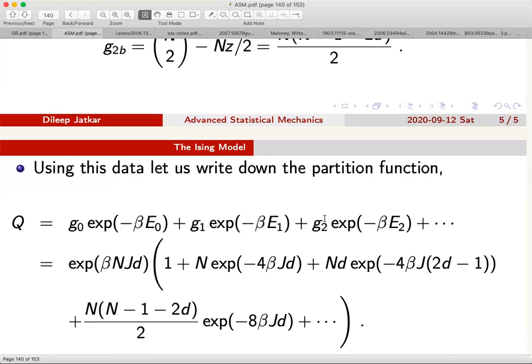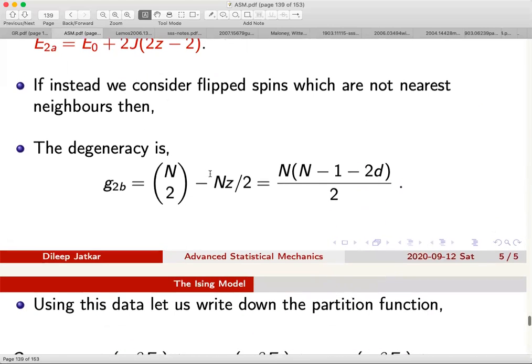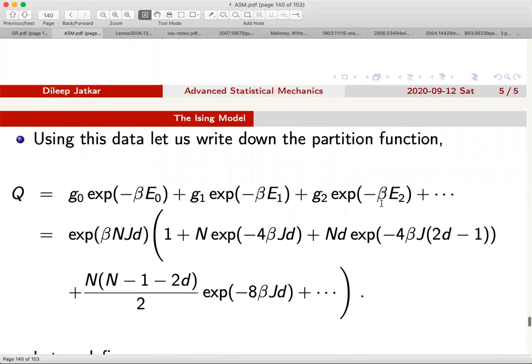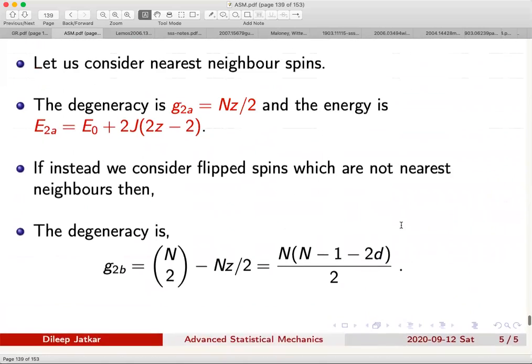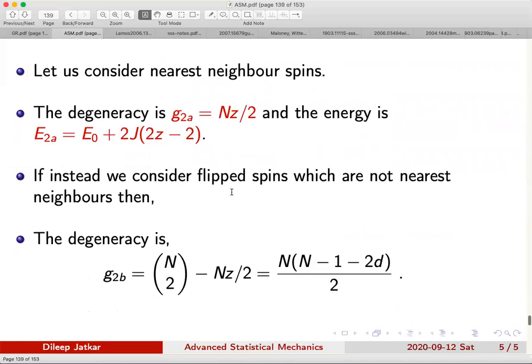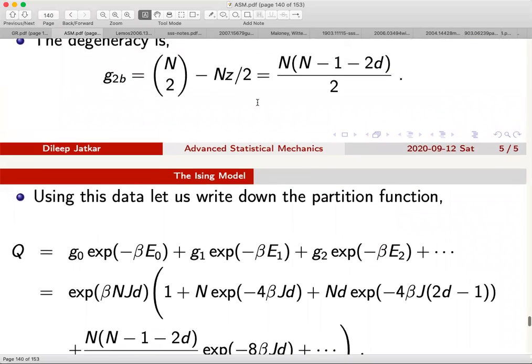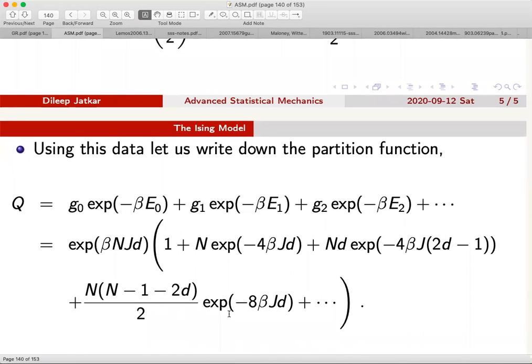Then G2 has two terms. One term is nz by 2, which is the same as nd, which is this factor, and for that the energy is this, which we had computed from here. You can write that as 4 beta J times (2d minus 1). The other term had this degeneracy G2b, n times (n minus 1 minus 2d) upon 2, and for that the energy is different.